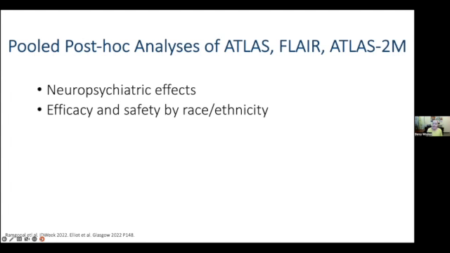All right, the next cabotegravir-rilpivirine studies I wanted to present were pooled analyses of the 3 studies I've mentioned already: ATLAS, FLAIR, and ATLAS-2M. One study was presented at IDWeek 2022, and one was presented at Glasgow. The first looks at neuropsychiatric effects of this regimen, and the second looks at efficacy and safety by race and ethnicity.